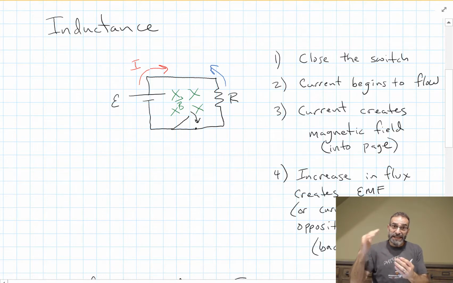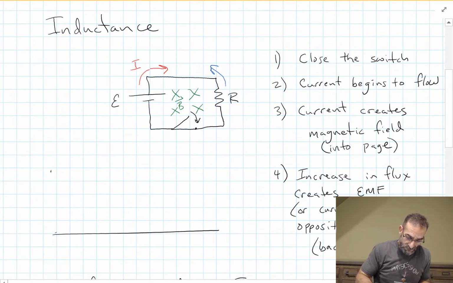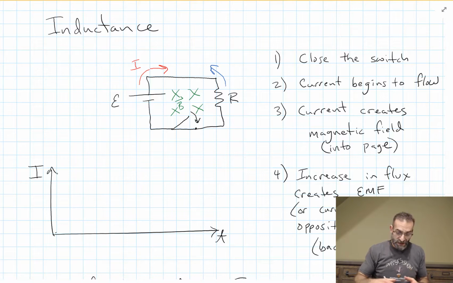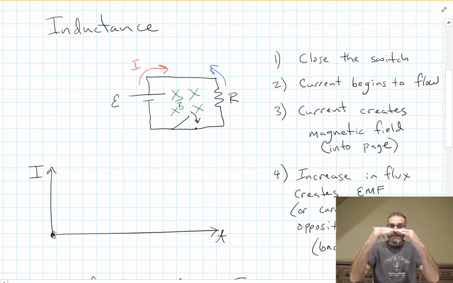But the battery keeps trying to push, and the rate of change of the flux is going down. It's not changing as abruptly as it was when you first closed the switch. So the back EMF gets smaller and smaller. And what happens if we were to plot the current as a function of time? At the instant we close that switch, there'd be no current because the battery's pushing in one direction and the back EMF pushes hard in the other direction.